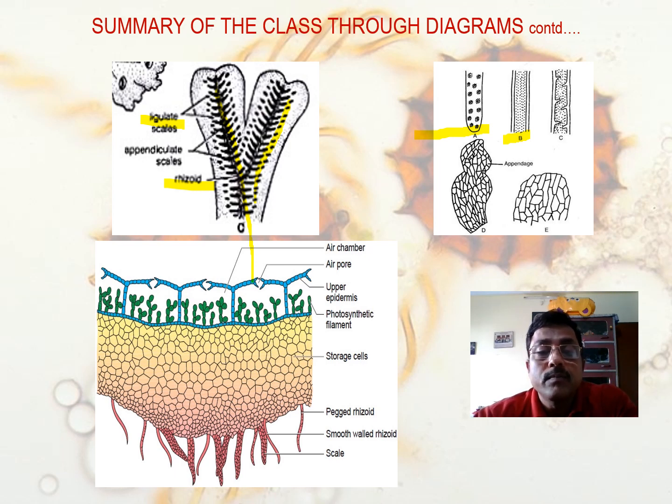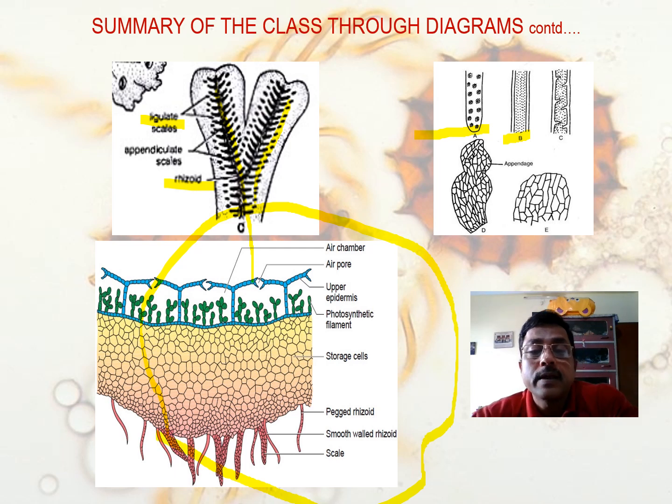So this diagram belongs to the anatomy of thallus. Okay, so anatomically, much tissue differentiation is seen in the thallus. See here, these tissues are highly differentiated to perform different functions.